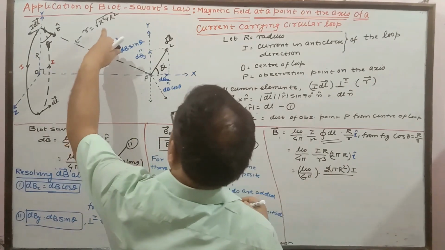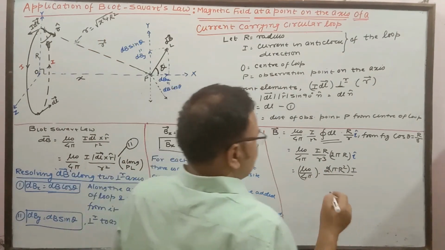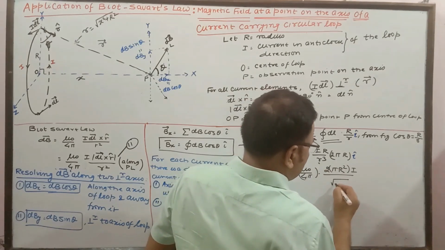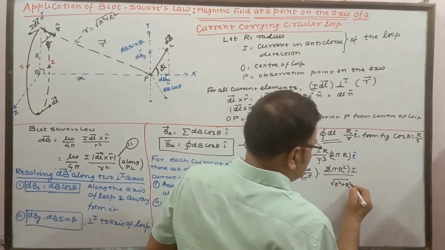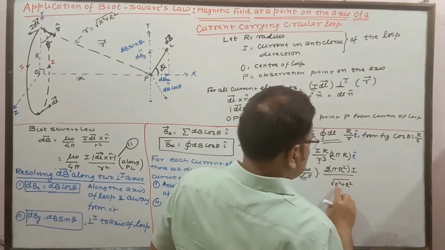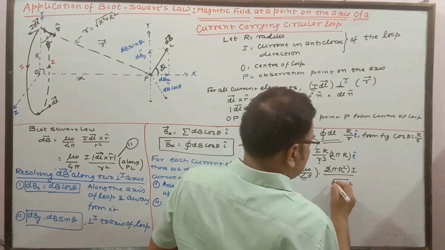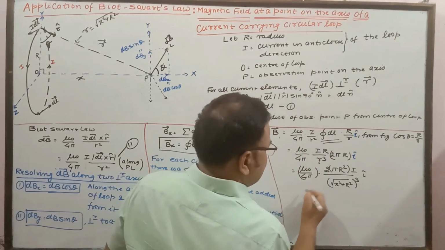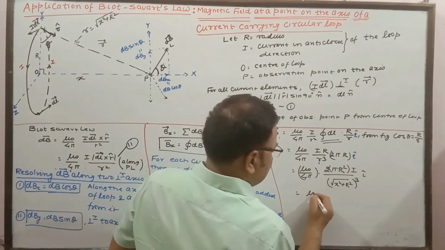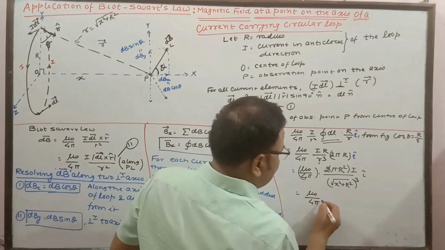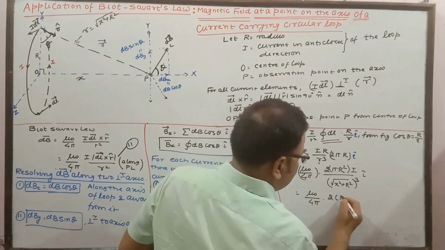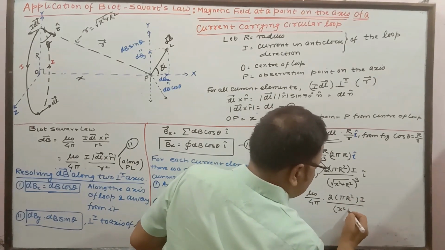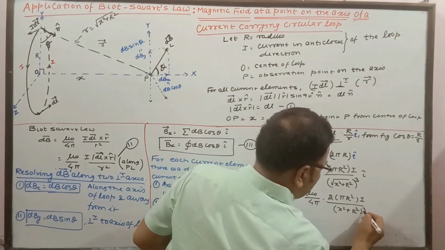This small r is under root x square plus r square, so on substituting it, this is x square plus r square whole to the power 3 by 2, I cap. This can also be written as area, but it is up to us. So mu naught upon 4 pi, 2 pi r square I upon x square plus r square whole 3 by 2 I cap.